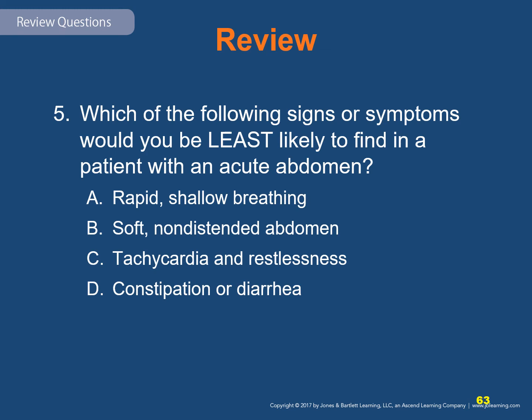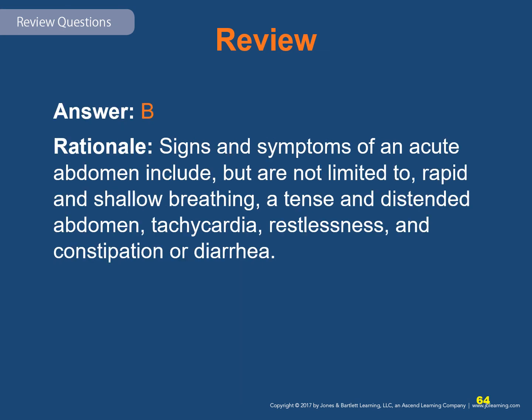Think about this one just a little bit and you'll get it. The correct answer is B. Signs and symptoms of an acute abdomen include, but are not limited to, rapid and shallow breathing, a tense and distended abdomen, tachycardia, restlessness, and constipation or diarrhea.